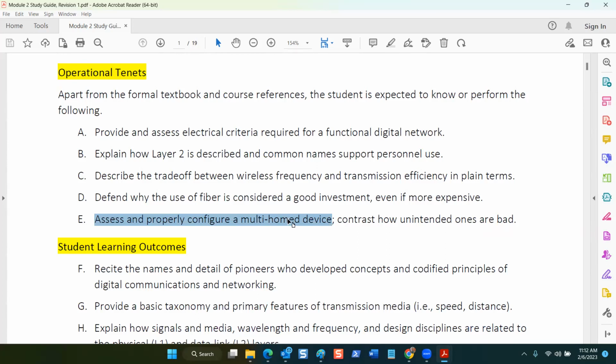What we mean is that the device is connected to the Wi-Fi, but then there's an Ethernet port, and the Ethernet cable is also connected.